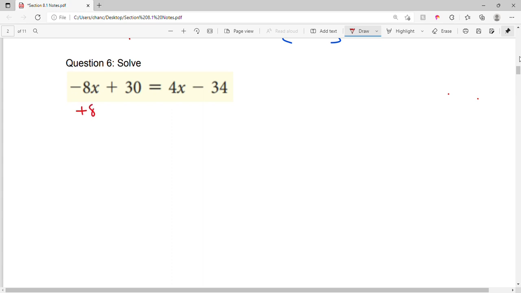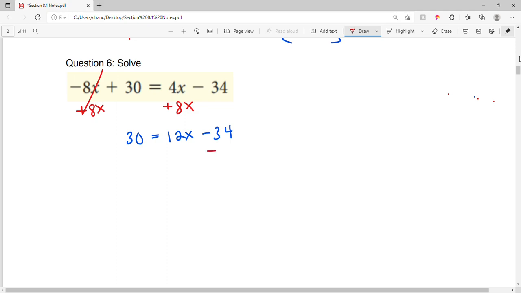So I'm going to choose to add 8x to both sides. We'll add 8x to both sides, and that cancels out negative 8x and plus 8x. This simplifies to 30 equals 4x plus 8x, that's 12x, and we'll bring down that negative 34. The 12x is a positive coefficient in front of the x, so that's great.